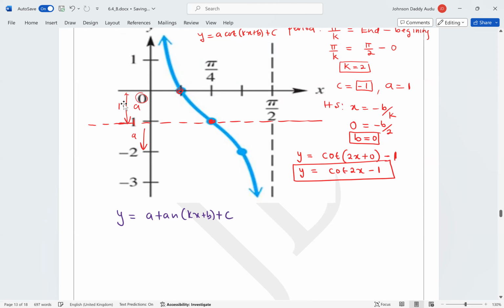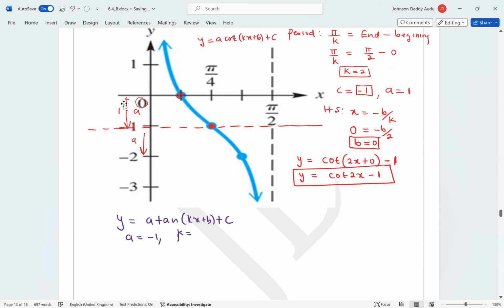But in that case, A is going to be minus 1 because the graph is decreasing now. A is going to be minus 1. K is still going to be the same. I think K will not change because the period still remained the same.